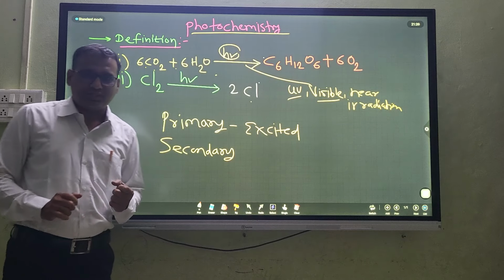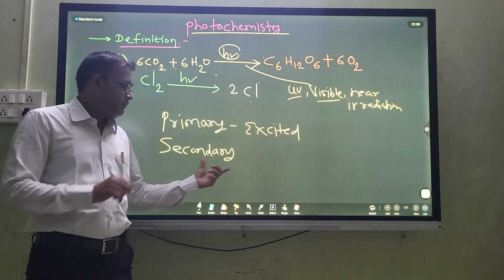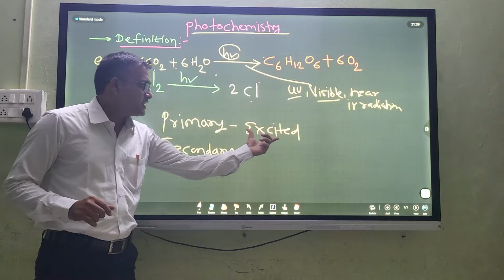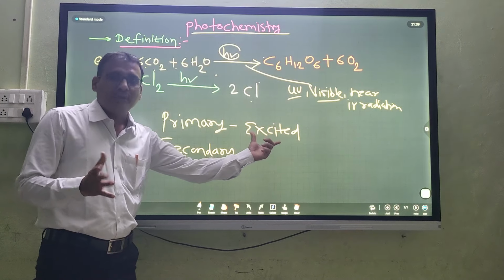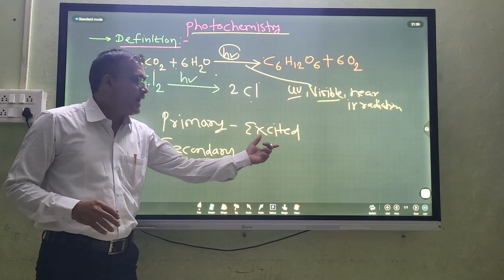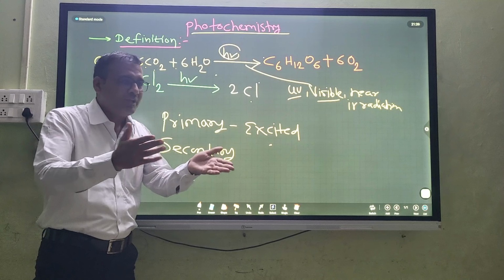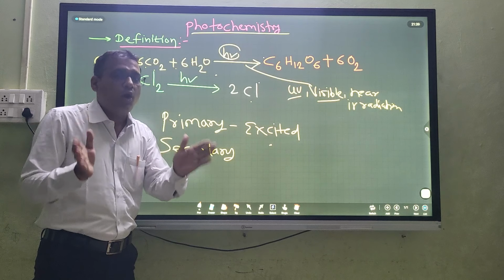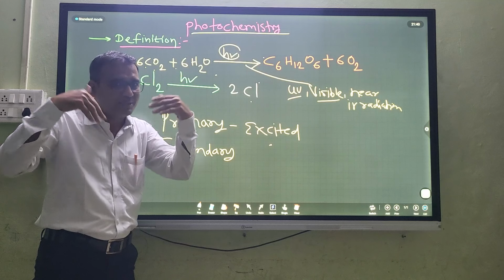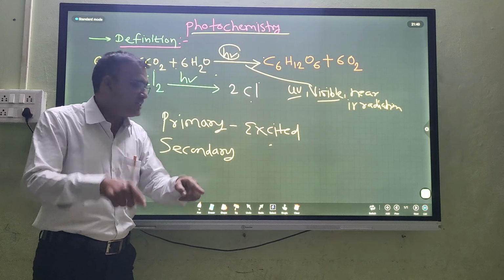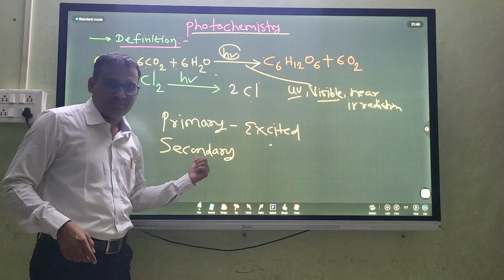And in the secondary process, after the excitation of the molecules, what happens? The breaking of bonds or making of bonds or reactions can take place in the secondary step.